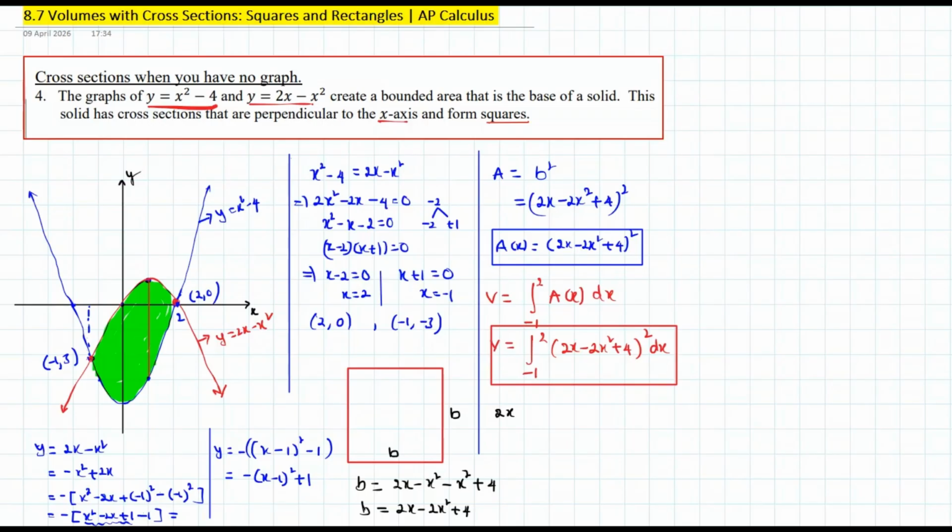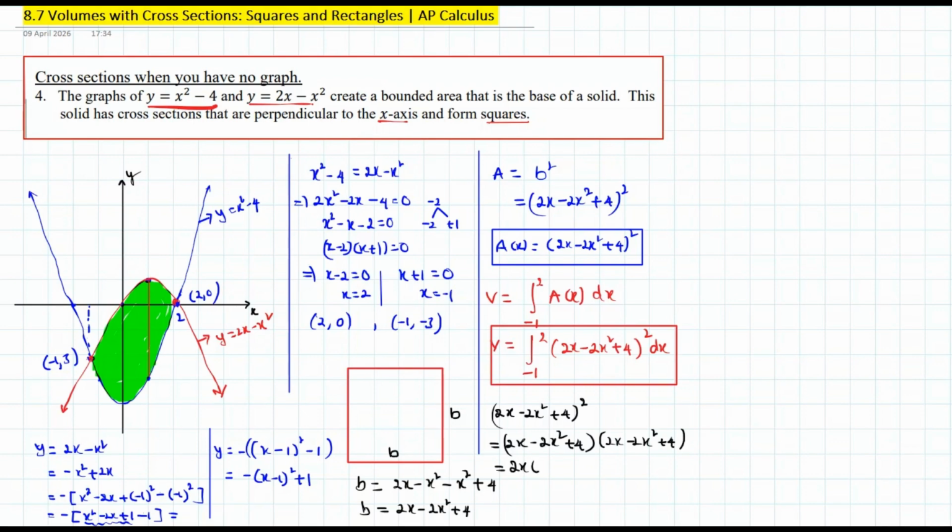So (2x minus 2x squared plus 4) whole squared is equal to (2x minus 2x squared plus 4) times (2x minus 2x squared plus 4). Okay, you can use the distributive property.